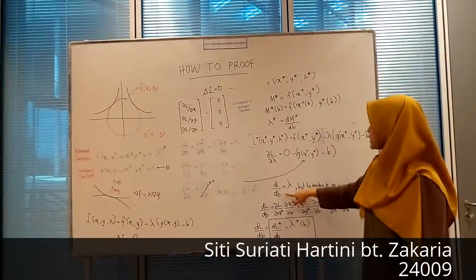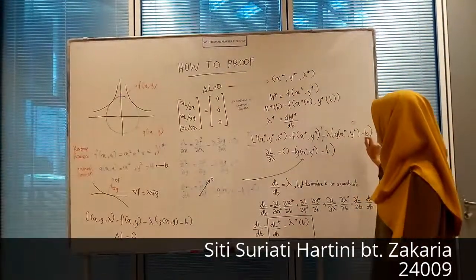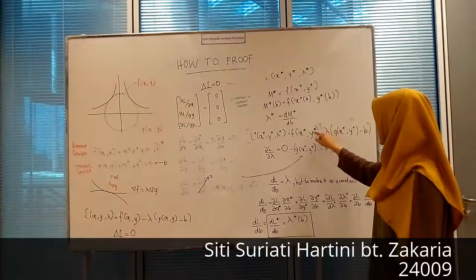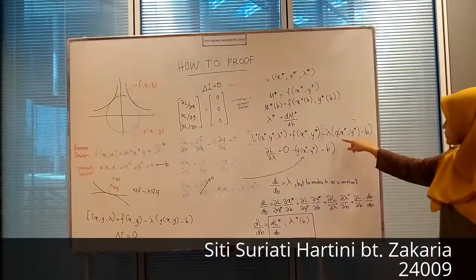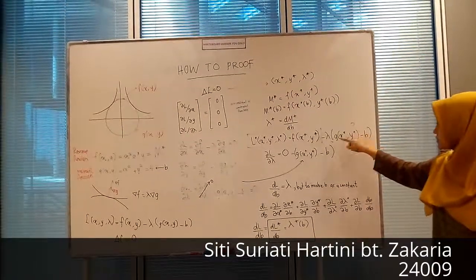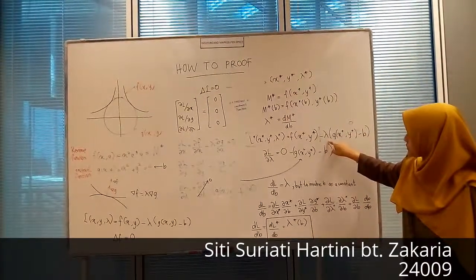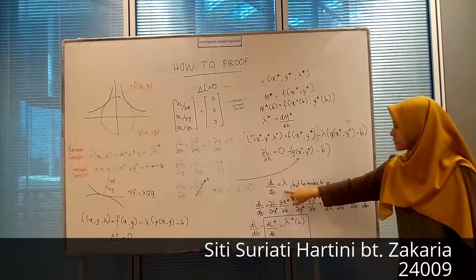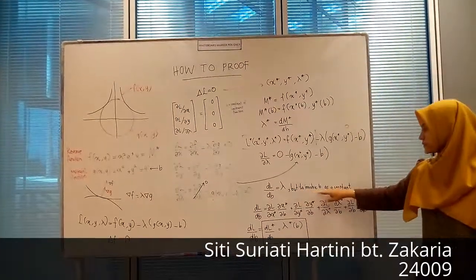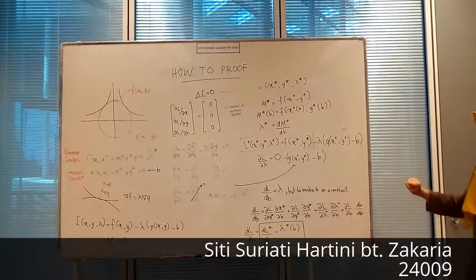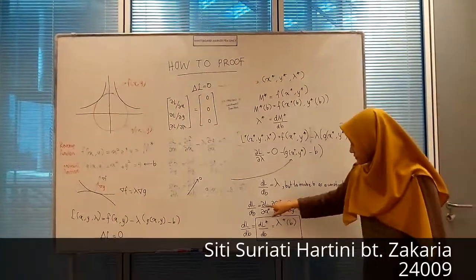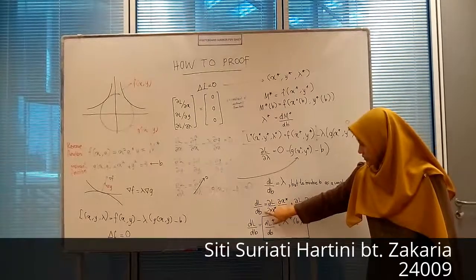When we differentiate L with respect to b, there is no b in this part, so we can cancel it out as equal to 0. When we differentiate with respect to lambda, it is equal to lambda. But to involve b as a constant, b being the constant of the constraint function, we differentiate again, dL over db.